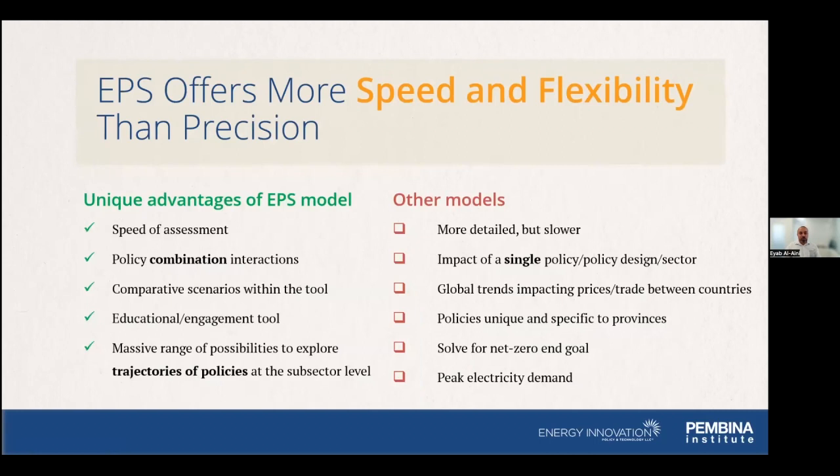For those of you who know about different modeling approaches, the EPS is a systems dynamic model, and it uses an input-output approach, which means that it does not solve for a predetermined output. So you design the scenario based on what policies will do in the system, and then the system runs annually and dynamically through the entire model for each year to see what the net impact is going to be.